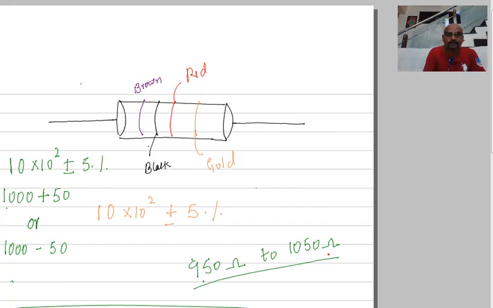Suppose here I have got a carbon resistor, and the leads for the connection. These are the leads for the connection, and say there are 4 rings now.